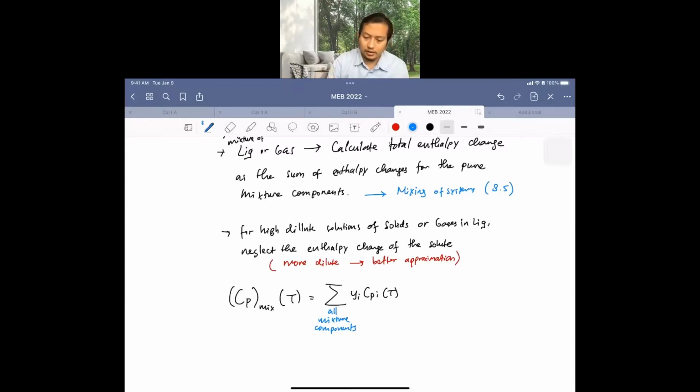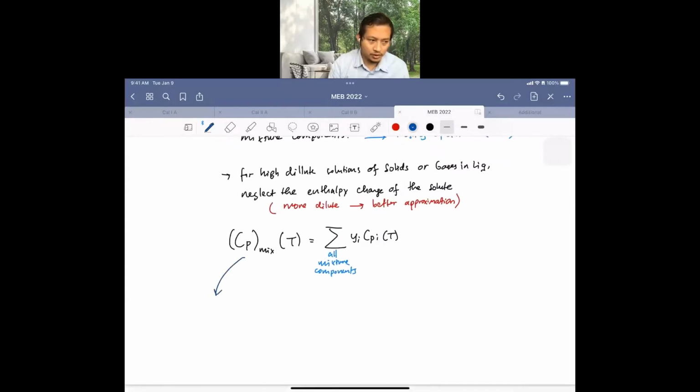Now let me write the details here. Cp is the heat capacity of the mixture. You can use mass or mole fraction of the component, and then this is the heat capacity of the component.